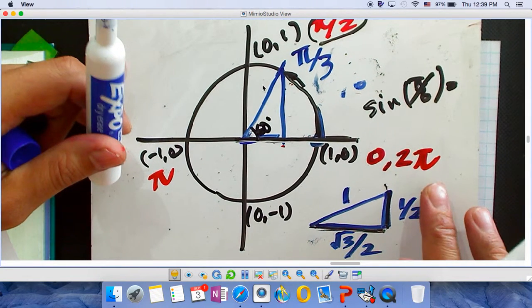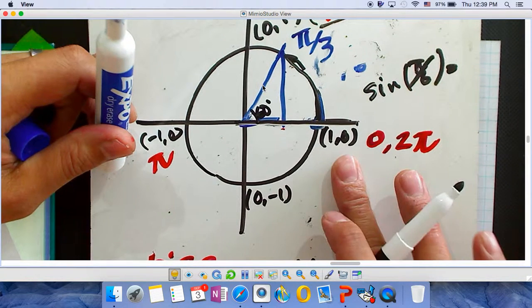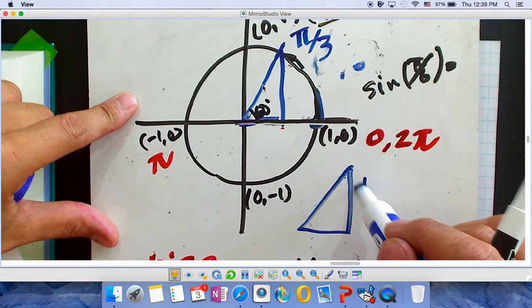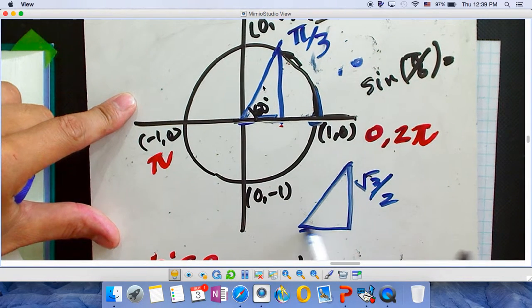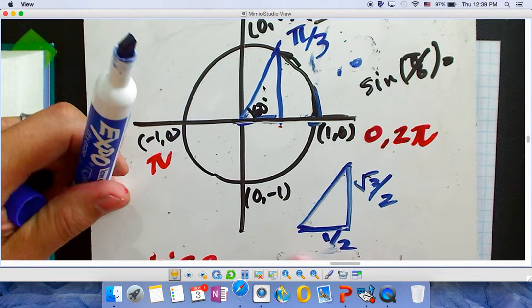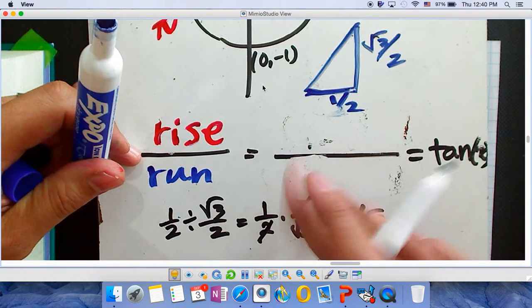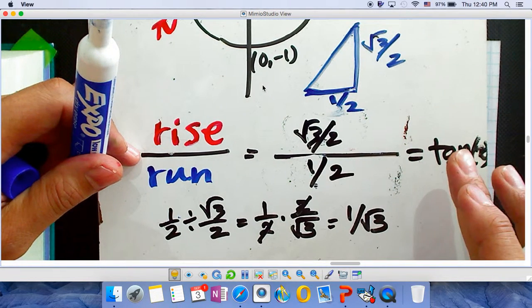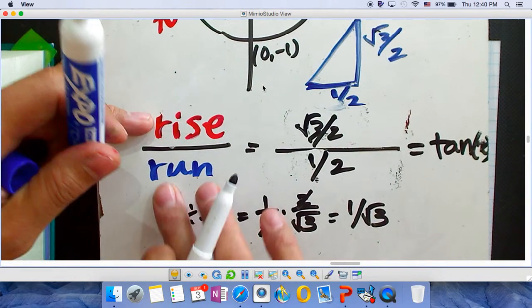Now we are kind of flipping this triangle to make it stand up like that. So the rise is square root of 3 over 2, and the short leg is 1/2. So we're going to put square root of 3 over 2 and 1/2, and do the same thing.